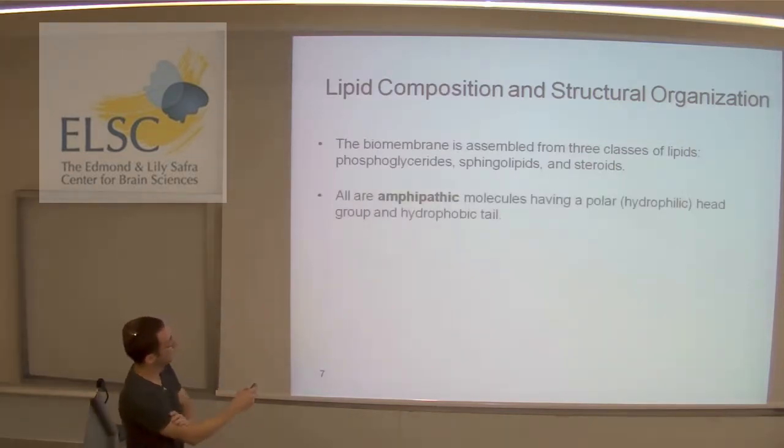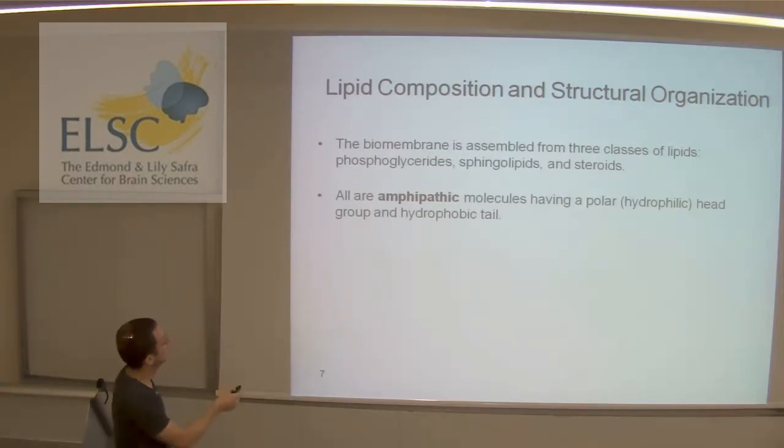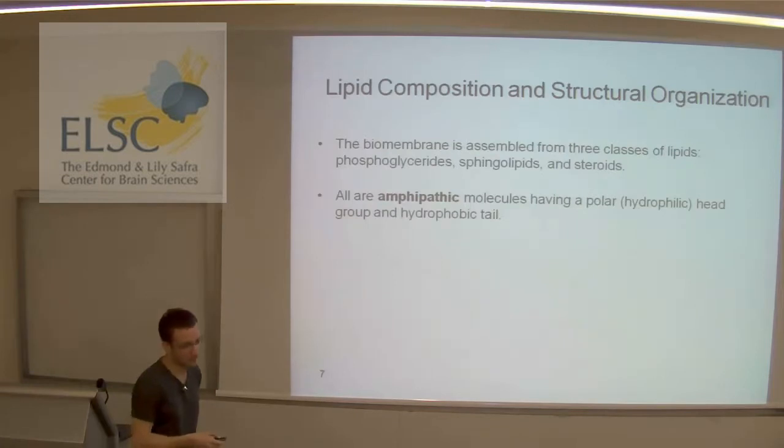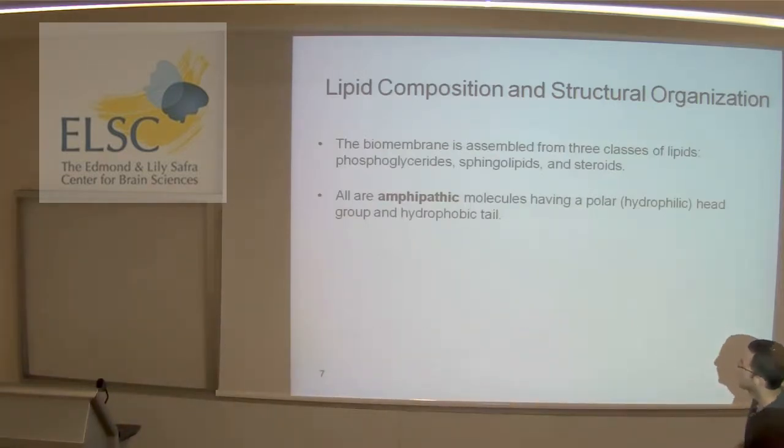And now we've already mentioned the principal structure of lipids, and now we will go a little bit deeper into this. So lipids come in three different flavors. They can be phosphoglycerides, sphingolipids, and steroids. And we will now see the structure of each of these subclasses.